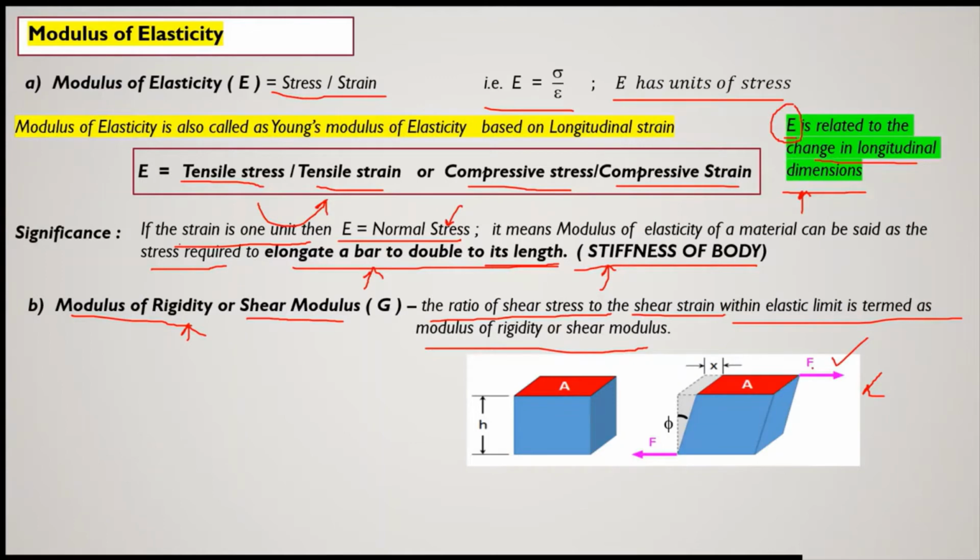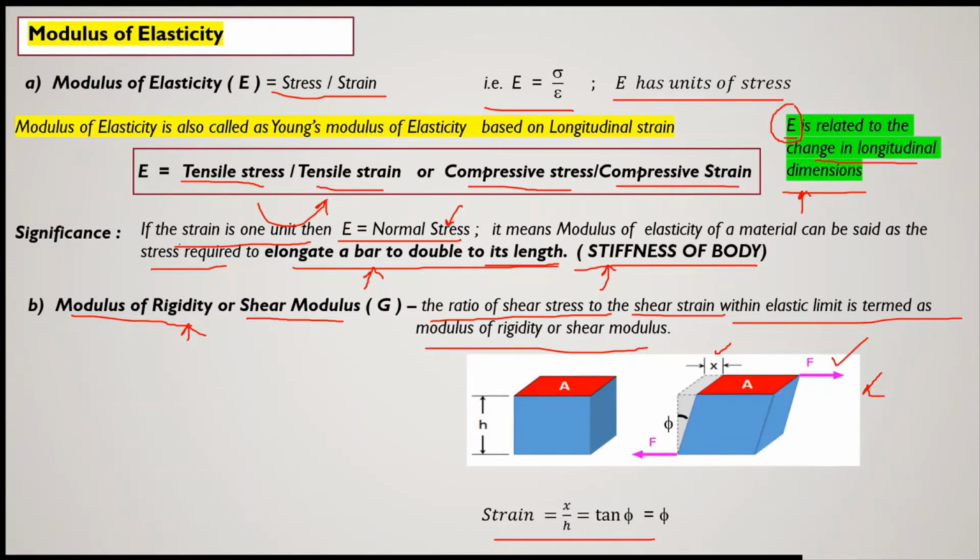Now here force F is applied, and you will observe that the upper surface of this block gets shifted by some distance, that is small x. And in an earlier class we also discussed that strain is the change in dimension upon the original dimension.